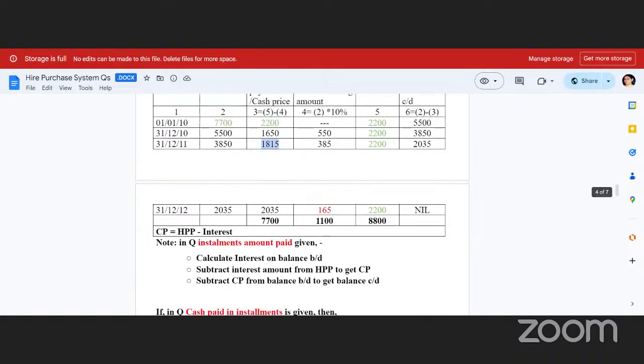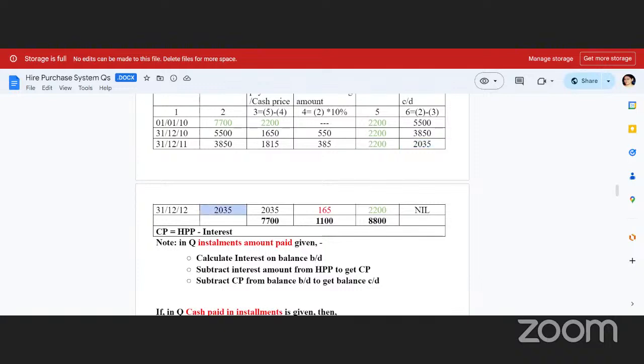The principal amount that you paid is 1,815 out of 2,200. 385 is your interest. So now what is the balance left for the third year? 3,850 minus this 1,815, then you'll get 2,035. The principal balance to be paid to your vendor by the third year is 2,035.